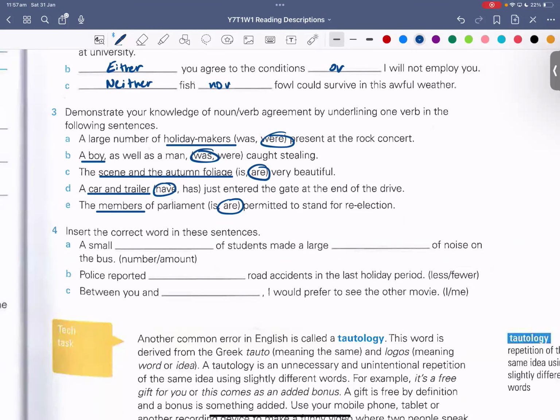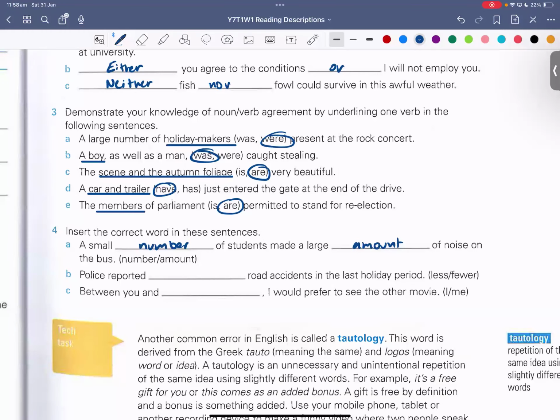Insert the correct word in the sentences. A small, okay, so now we're looking at if we can actually manually count 1, 2, 3, 4, the subject, or is it uncountable? So is students countable? Yes, so that is number. Is noise countable? No, so that is amount.